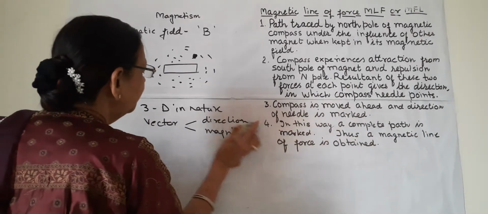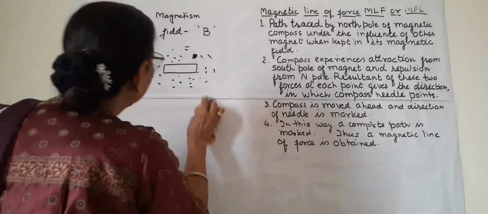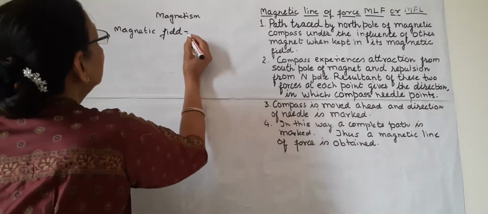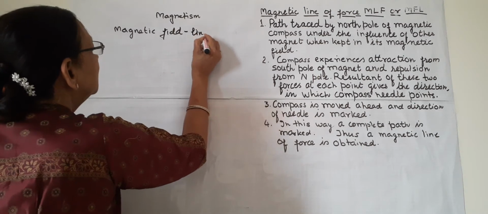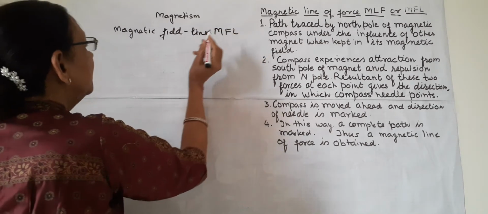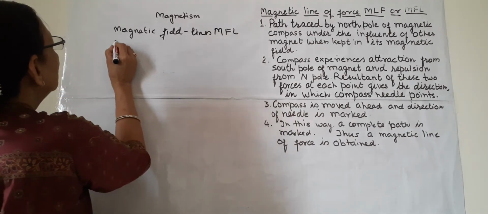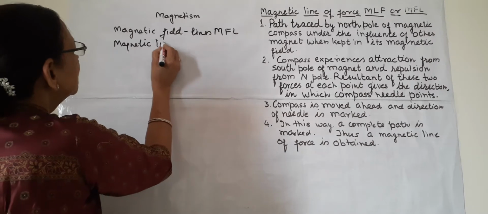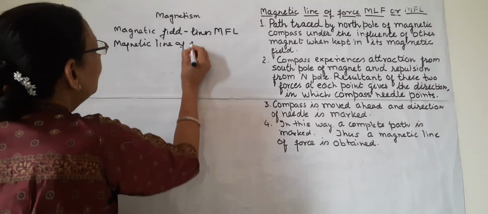Now coming to magnetic field lines. Magnetic field lines are also known as magnetic lines of force.